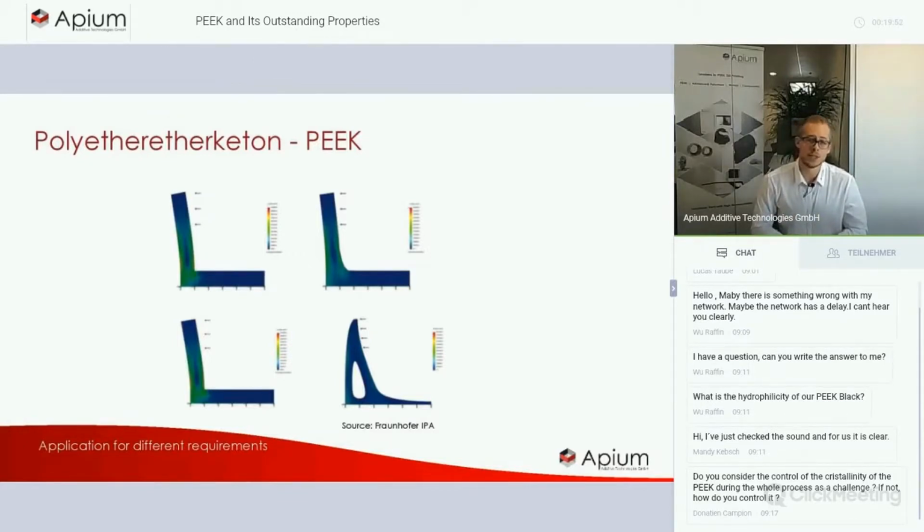So what we can see in this image is a load case of an L-shaped part, and the load is taking place at the upper part, indicated by the arrows. The color change indicates where the highest stresses are working. And here we see the first part where we can do something with FFF printing.